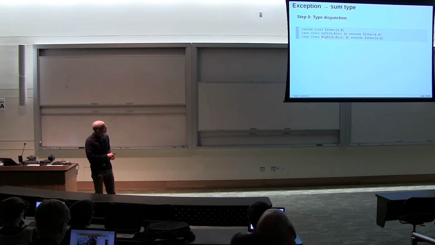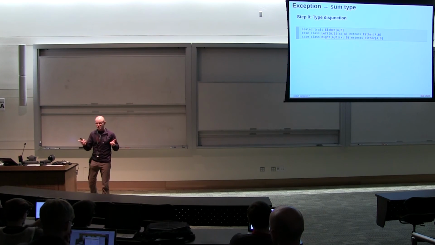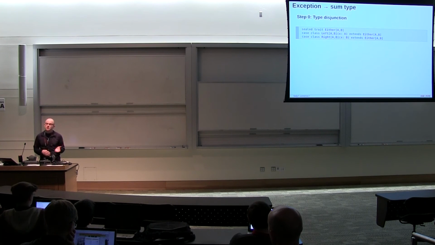So a Right of exception int is an Either of exception int. And similarly, a Left of exception int, which has an exception in it, is also the same type. So if we make our function return an Either of exception int, then we can return a Right of int or a Left of exception.